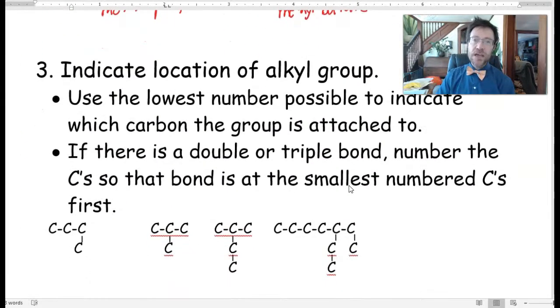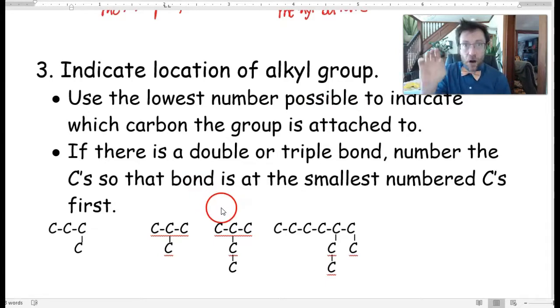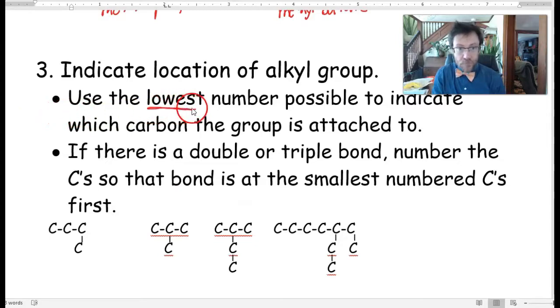So the third step is we indicate the location of our alkyl group. Now here's a couple of things. We're going to number, not name, the carbons in our base chain. And we're going to use the lowest number possible to indicate which carbon the group is attached to, right?